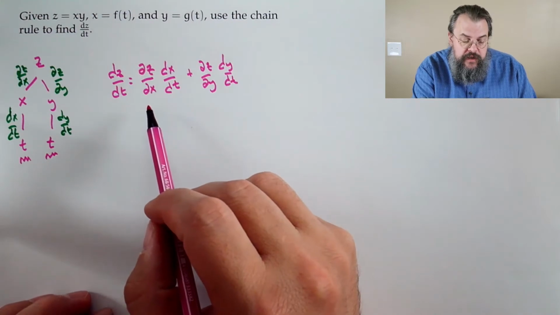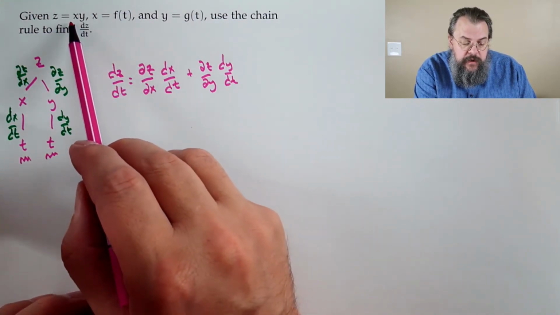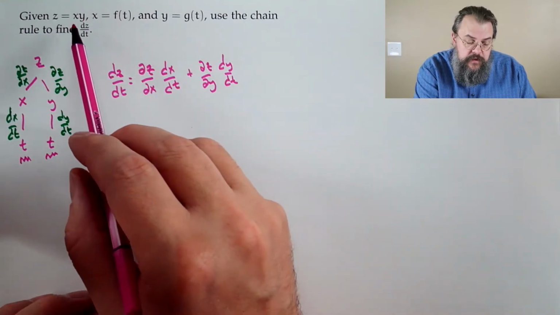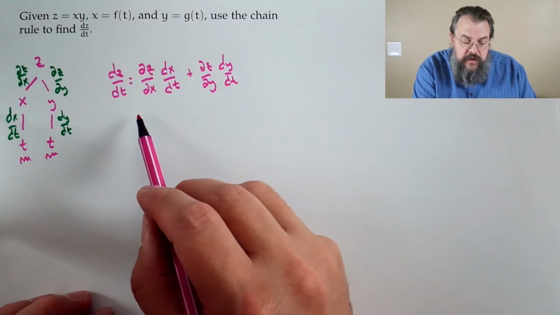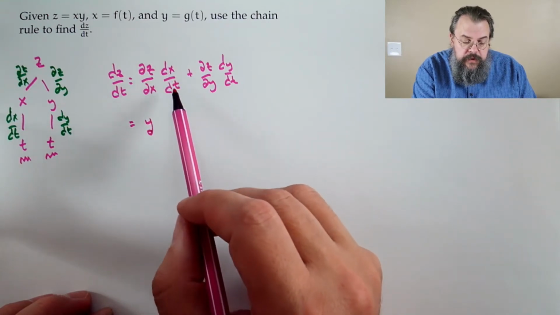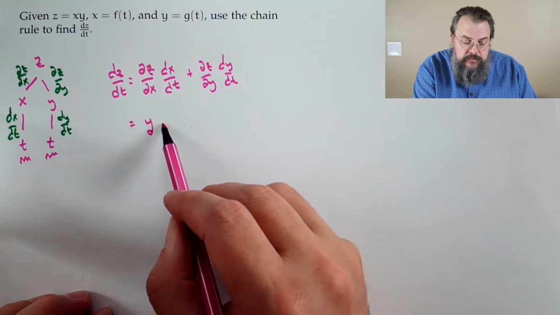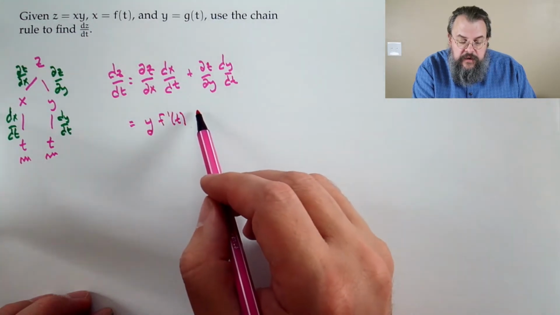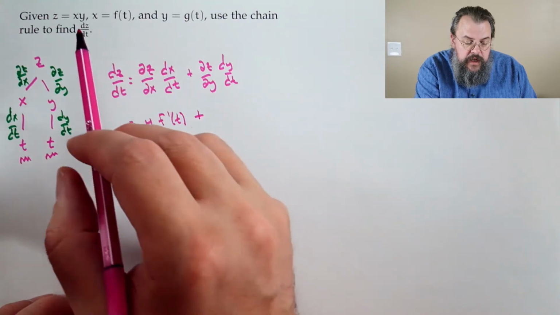Partial z, partial x. Well, if I come here and I say, what's the derivative of z with respect to x? Well, derivative of x times y with respect to x is y. Derivative of x with respect to t. Well, we can write it as f prime of t. And then here we have partial z, partial y is what?